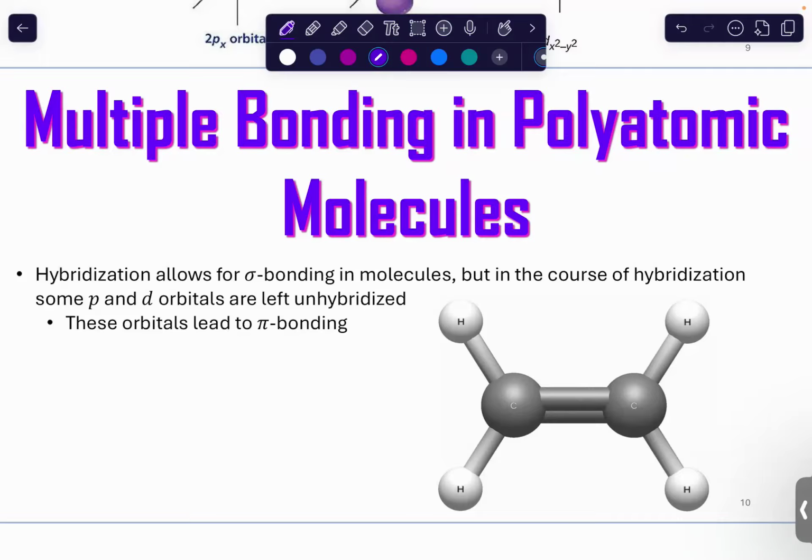We have a double bond, so it has to have a sigma and a pi bond. Each carbon will be sp2 hybridized. Hydrogens will not hybridize because they only have the one s orbital.